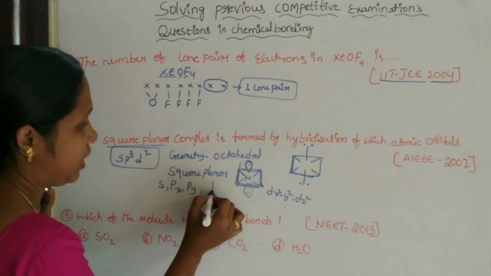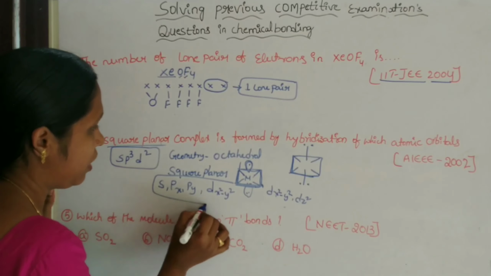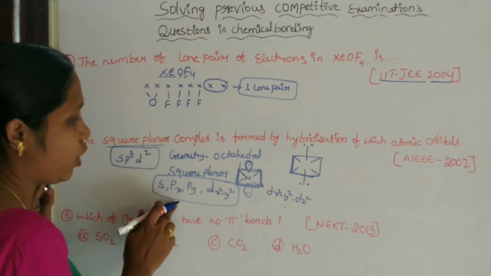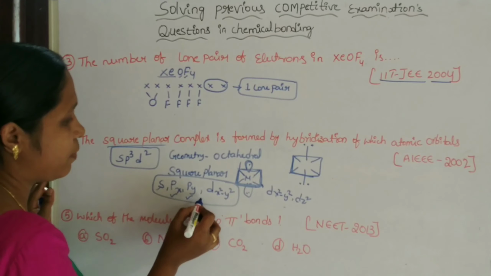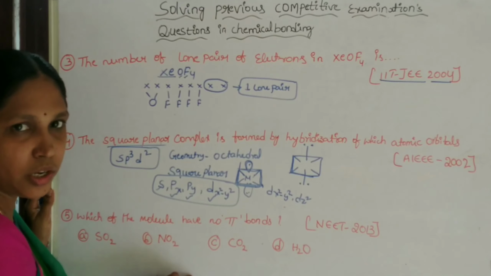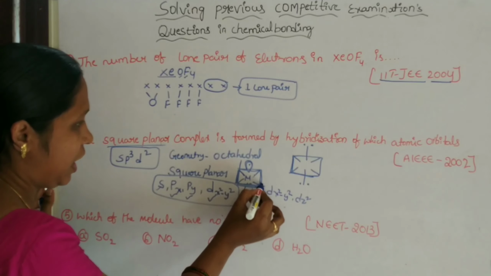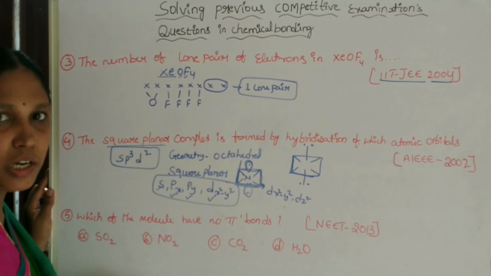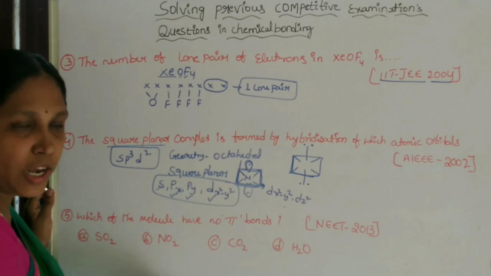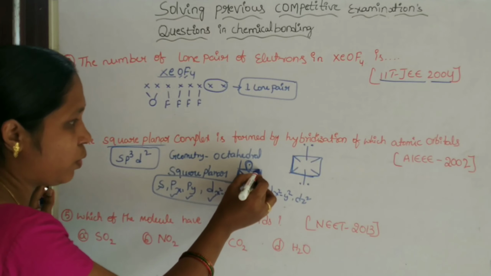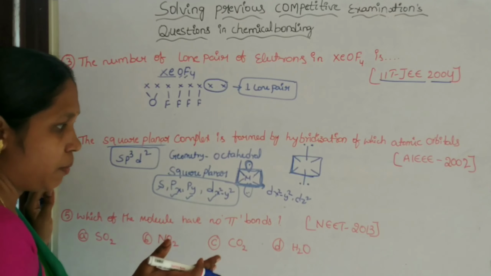See here, the next one is dx2-y2. In square planar, the 4 orbitals involved in hybridization are one s orbital, px, py and dx2-y2. Why? Because we are considering the orbitals which are oriented along the x and y axes. In that case only they exist in a plane, in the same plane.